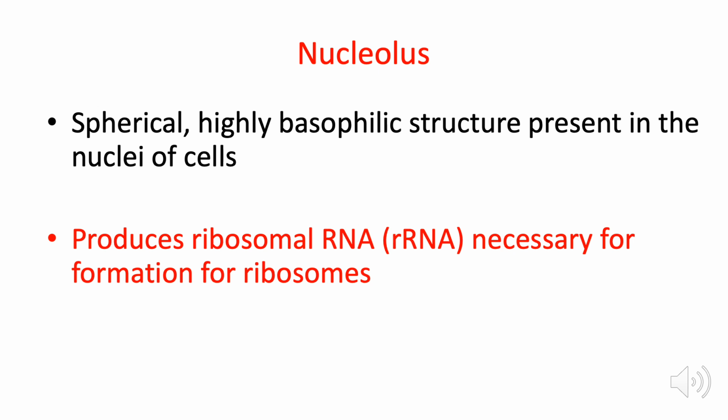So expect that the nucleolus will have what color? Dark blue. What's the purpose of the nucleolus? The nucleolus functions to synthesize ribosomal RNA. And this ribosomal RNA is important in the formation of the ribosomes.